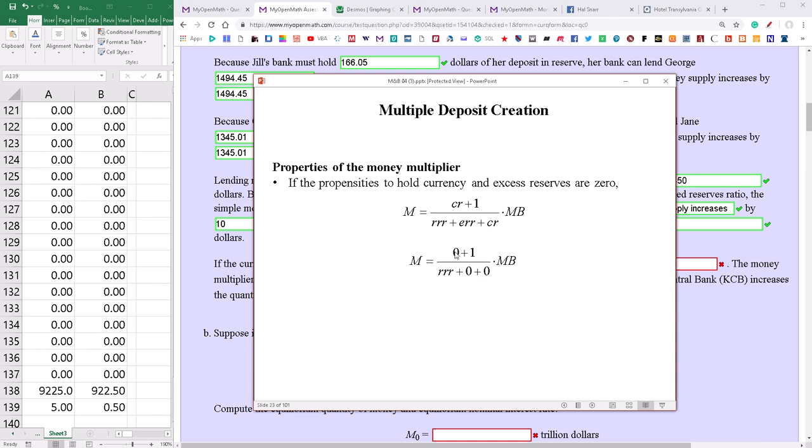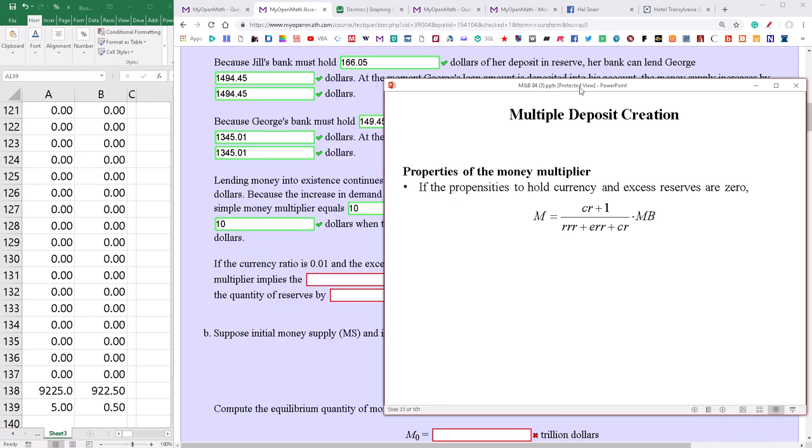And remember, in our original situation the currency ratio was 0 and the excess reserves ratio was 0. Because people aren't holding currency and the banks aren't holding excess reserves, the multiplier is just 1 over the reserve required ratio, right? But if the currency ratio is 0.1 and the excess reserves ratio is 0.1, then we have a different multiplier, right?